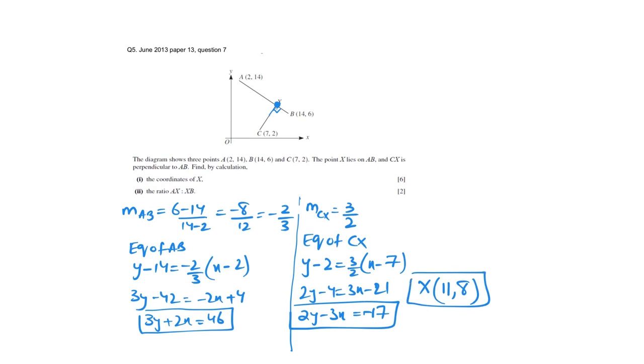So these are the coordinates of X. Then we are asked to find the ratio of AX to XB. So this is AX and this is XB. We do have the coordinates of X as 11, 8.